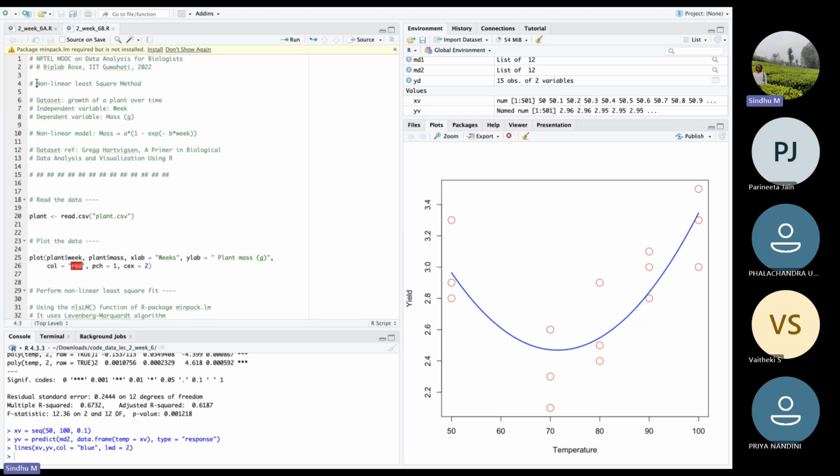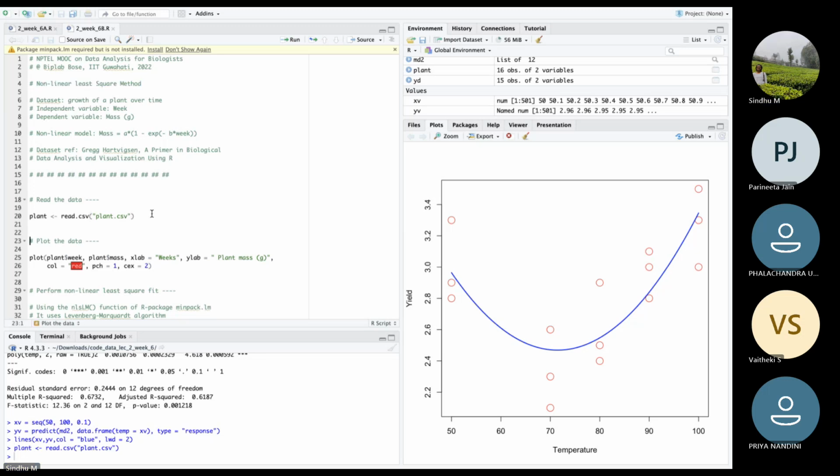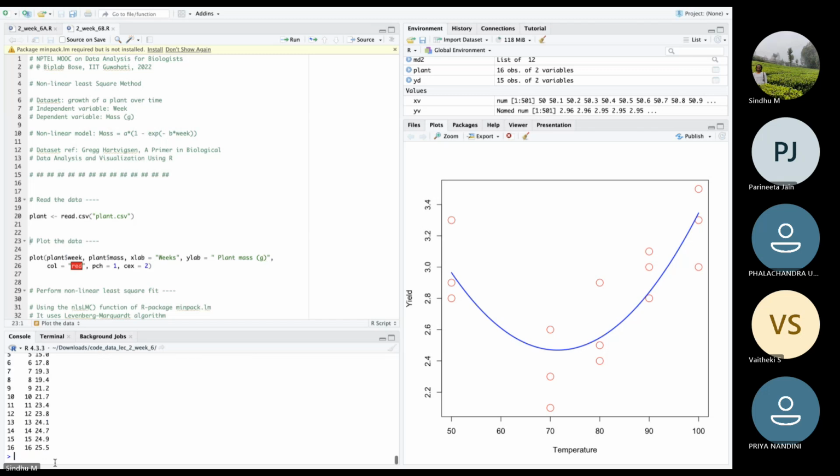So here we are going to see how to do the nonlinear least square method with R using a plant data set. So we are first reading this plant data. And if you want, we can check what is in the plant data. It has one column called week and one column called mass.